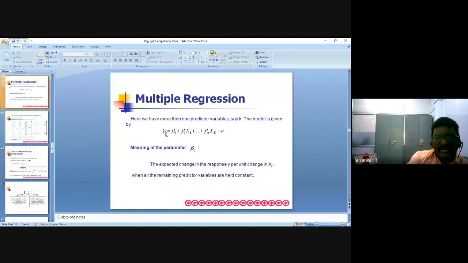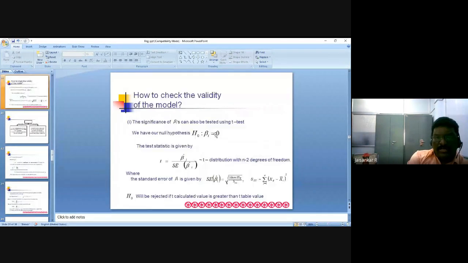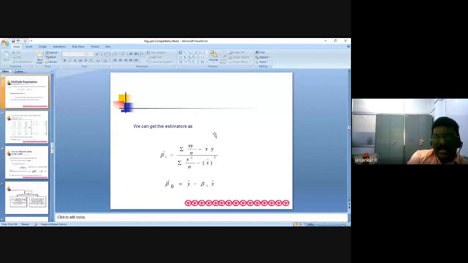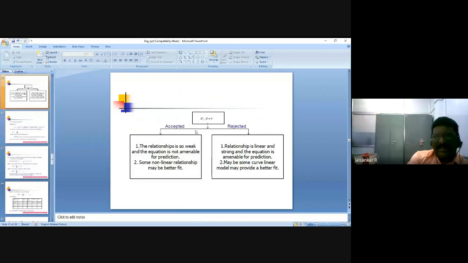For example, y is yield, x1 may be rainfall, x2 may be temperature, x3 may be moisture in the air, x4 may be area. From the coefficient I can measure how adequately the data are taken to find y given the set of variables x. It means that 99% of the variation in y is contributed by them.